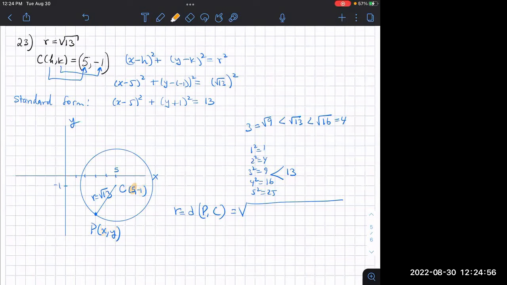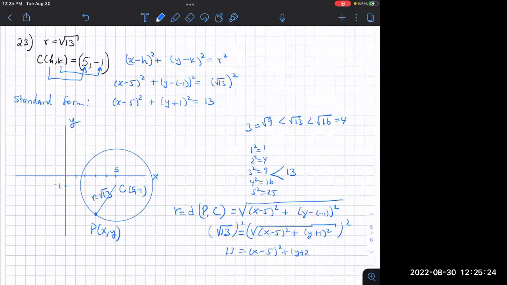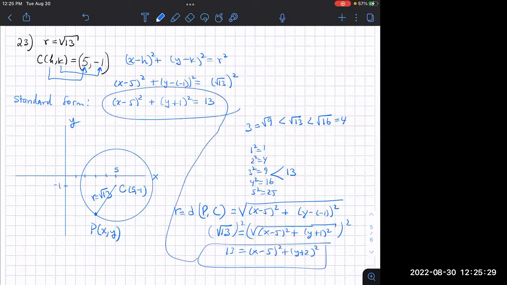That's where h and k come into play, because you get x minus 5 squared plus y minus negative 1 squared. The radius, square root of 13, equals square root of x minus 5 squared plus y plus 1 squared. When you square both sides, you get 13 equals x minus 5 squared plus y plus 2 squared, which is the same thing as that. So all that comes from the distance formula.